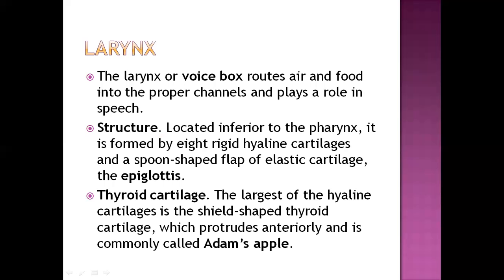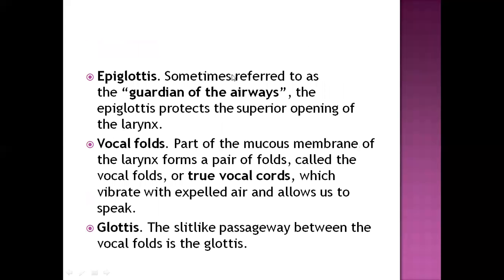One of the cartilages is thyroid cartilage. We actually have 4 cartilages that surround, and along with them other 4 cartilages, total 8, that are located downwards and upwards. The names of 4 cartilages are important. They are TACE: thyroid cartilage, arytenoid cartilage, cricoid cartilage, and epiglottis. Epiglottis is also called guardian of airways because it protects the opening of the larynx.